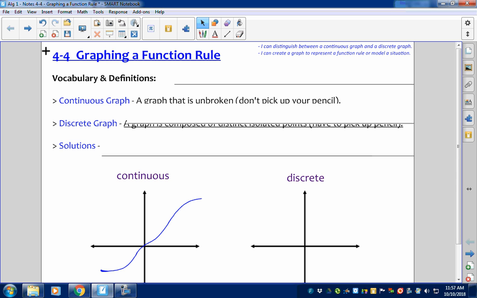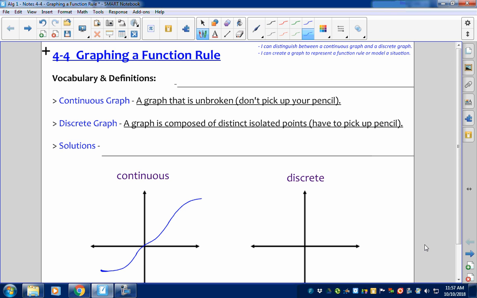Discrete is a graph composed of isolated dots like this. Okay, that's a discrete graph.